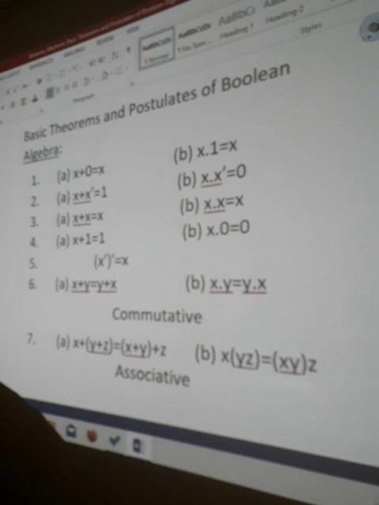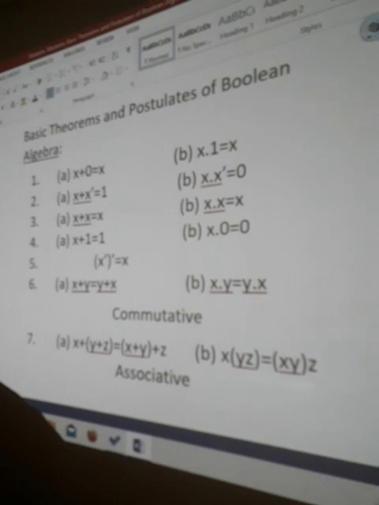Number 3, x + x = x. Now it is an OR operation, and if there is x on one input and x on the other input, then x + x will be equal to x. B part, x · x = x. Number 4, x + 1 = 1.